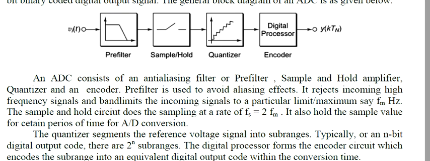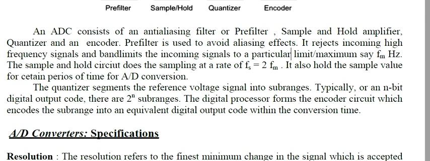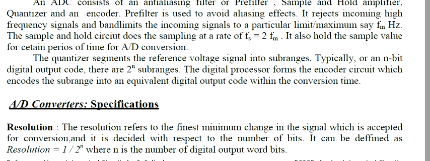Then we shall see the analog to digital converter specifications. First is resolution. Resolution is the weight of an LSB, which was already discussed in digital to analog converters, 1/2^n into some voltage. It is the smallest change, the minimum change in the signal which is accepted for the conversion, and it is decided with respect to the number of bits.